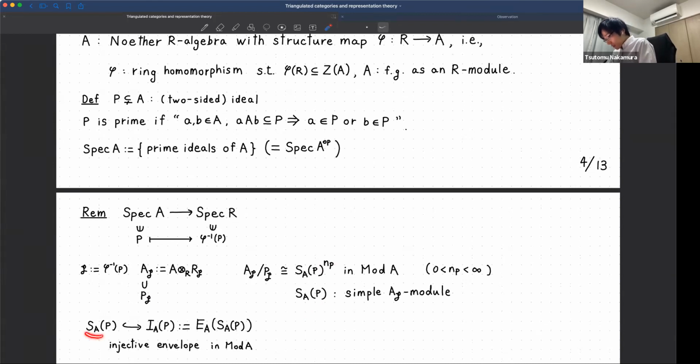For this locally simple module, we may consider the injective envelope, which I will denote by I_A(P). This is an injective envelope taken in the category of A-modules, while this also coincides with an injective envelope in the category of A_p-modules. In particular, this module is p-local.